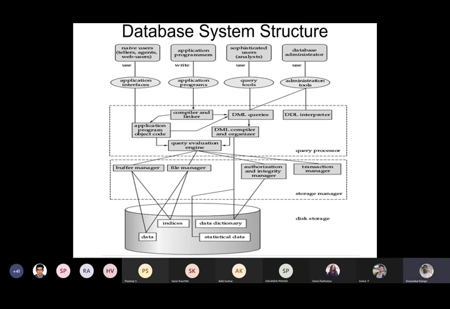We'll also study in detail about the DDL interpreter, DML compiler, and query evaluation engine. So to start with, this is the architecture of any commercial database management system. At the bottom tier, you have disk storage components. Then you have the storage manager components. Then you have query processor components, followed by the different types of users who are going to interact with the system by means of different user interfaces, right?